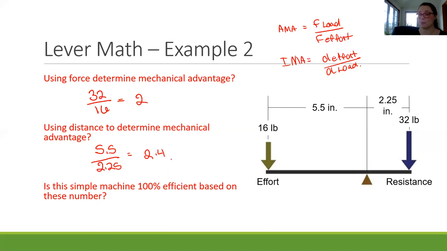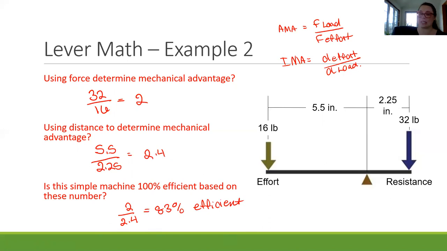My force should have been multiplied 2.4 times, but it was only doubled. Is it efficient? Nope. We can prove it. 2 divided by 2.4 leaves me with 83% efficient. So there must have been some friction in there somewhere because the actual mechanical advantage was less.